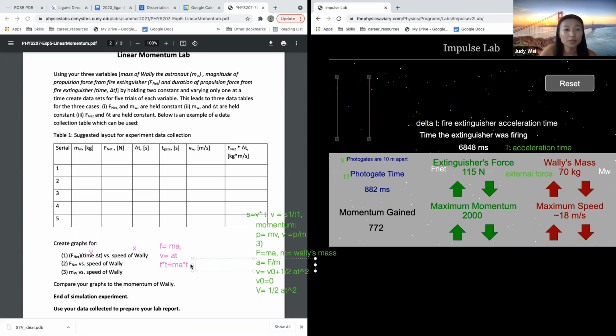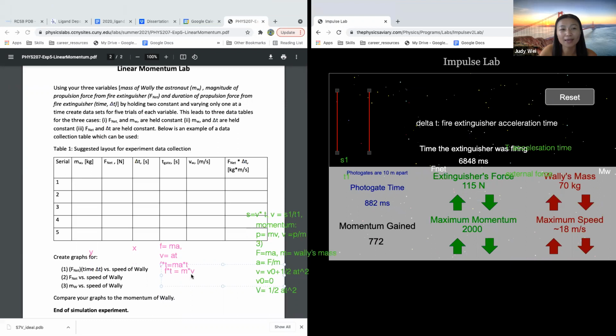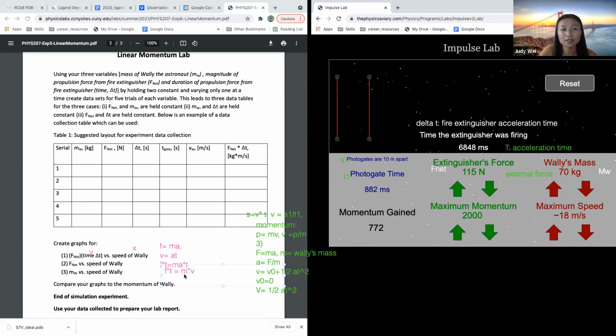We can see AT is V, right? So it's F times T equals M times V. So for the first question, we're very likely to get a linear graph with a slope of m, because this is y, this is x, so the slope will be m. So this is for the first question.